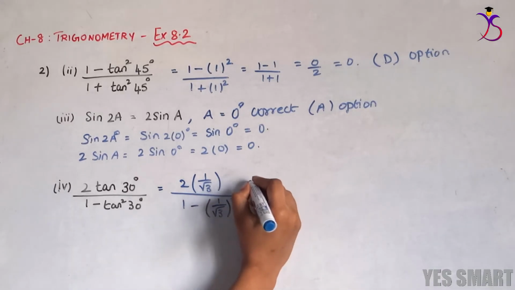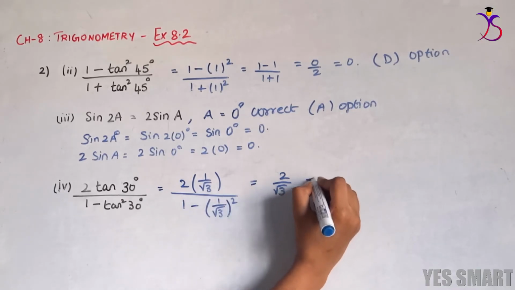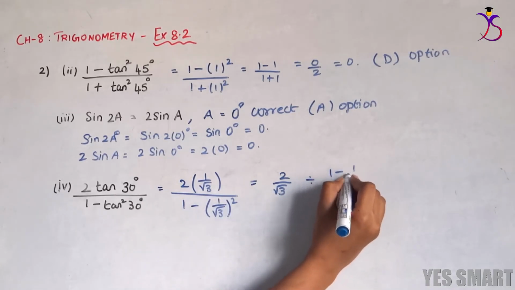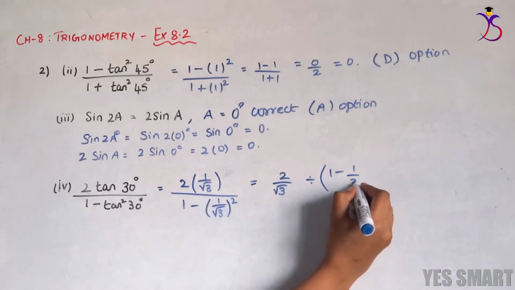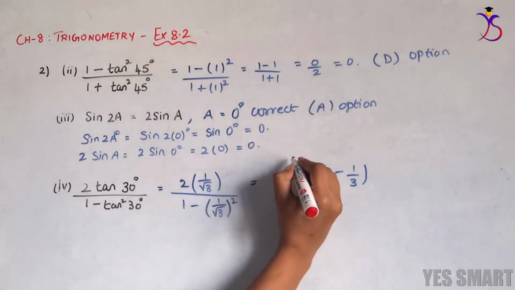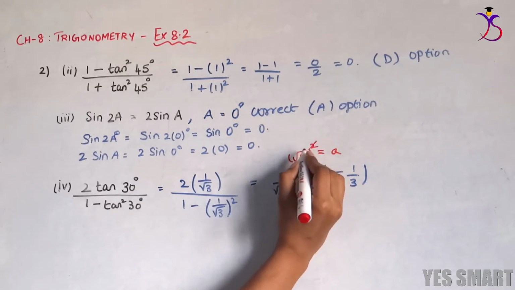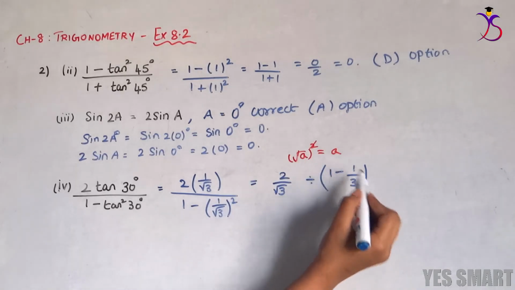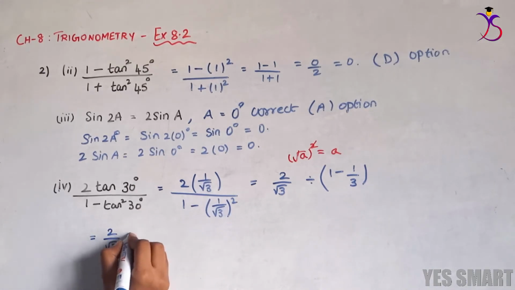On solving this, 2 into 1 by root 3 is 2 by root 3, divided by 1 minus 1 by root 3 into root 3 is 3, because we already knew that root a the whole square is a. Since the square root and square get cancelled, on solving this, 2 by root 3, I am just reciprocating the second term.